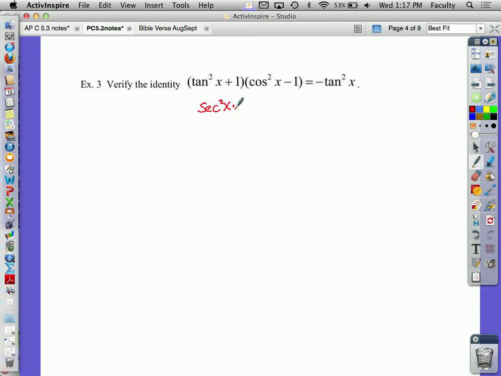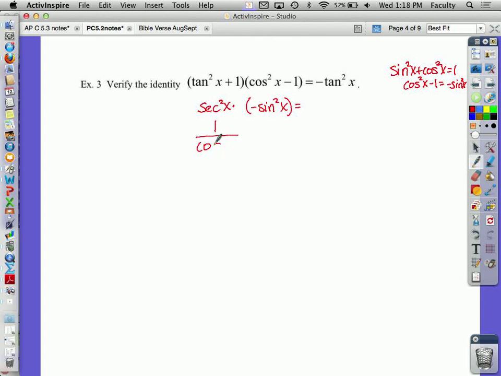Now, cosine squared x minus 1 is not sine squared, because we know sine squared x plus cosine squared x is 1. So if I subtract the 1, I'd have to subtract the sine squared, so that's actually negative sine squared x. So be careful. 1 minus cosine squared is not the same thing as cosine squared minus 1.